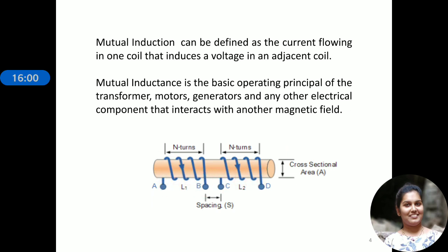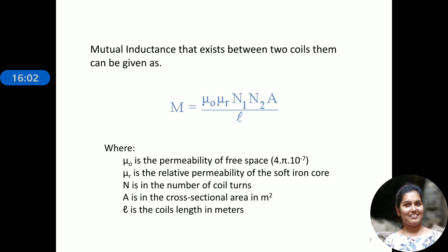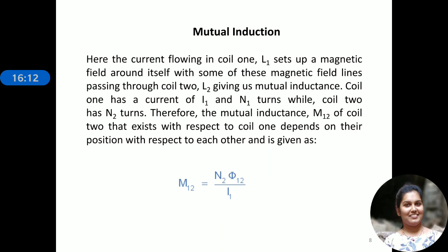In this expression I have given the value of M without any dependence on the value of L1 and L2. Now we'll try to derive an expression for M where M is dependent on the values of self-inductance of the first coil L1 and the self-inductance of the second coil L2.